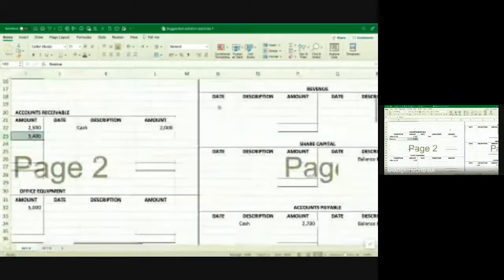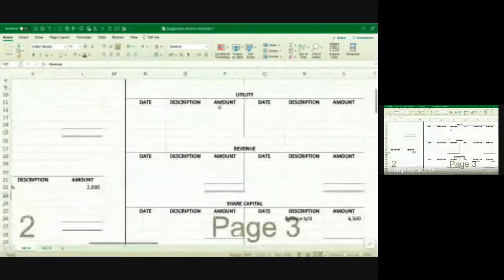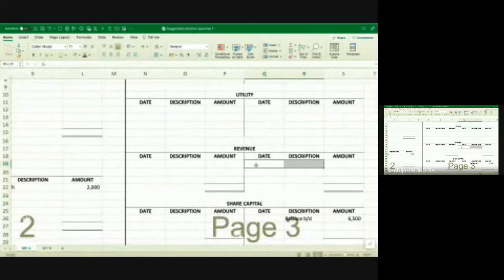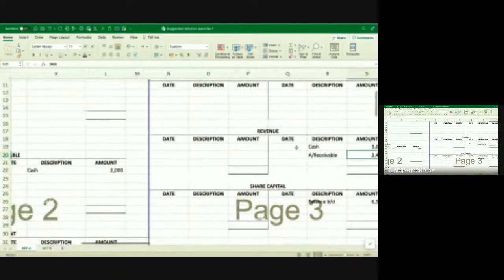You don't have a revenue account, so you open up your revenue account. You put cash of 3,000 and accounts receivable of 3,400. So you have to list down the accounts accordingly, so that you know you received revenue in the form of cash, and you have accounts receivable of 3,400 in the form of revenue.